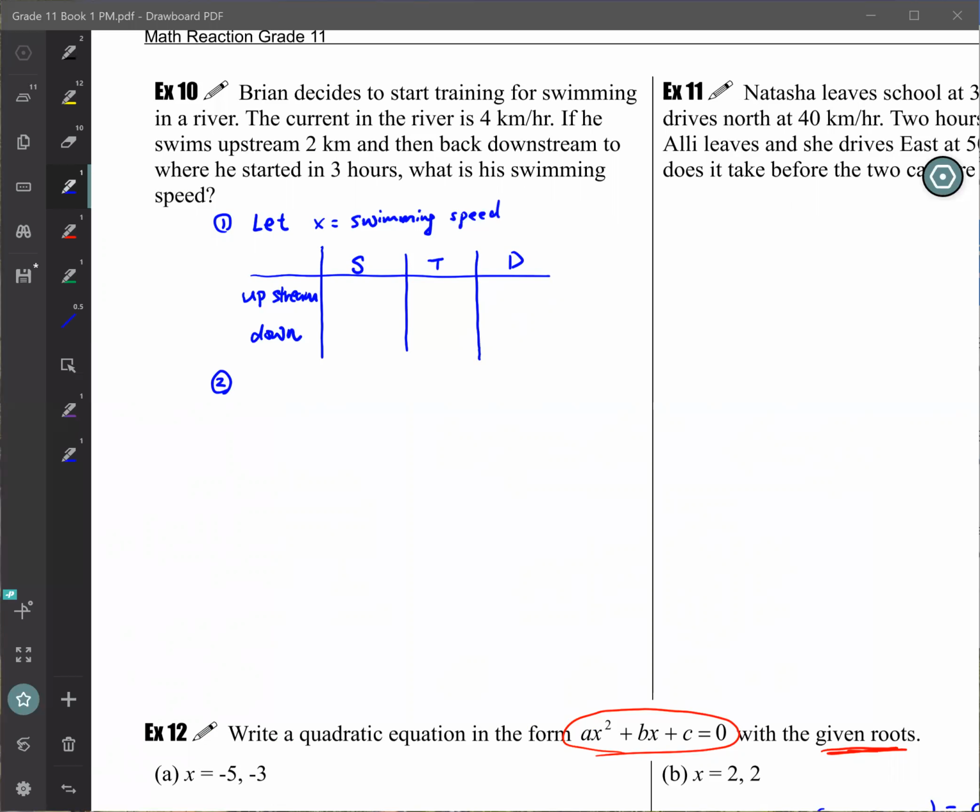Anyone has trouble getting the equation or filling up the table?